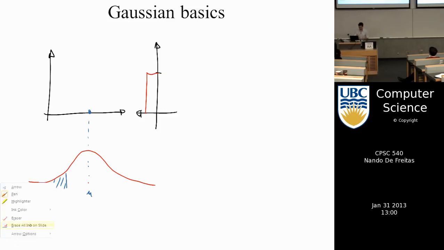If I am to plot the cumulative over here, it would look like this. The inflection point is the mean, right? Because the area to the left should be about the same as the area to the right, because the Gaussian is symmetric. I know this curve will go to 0.